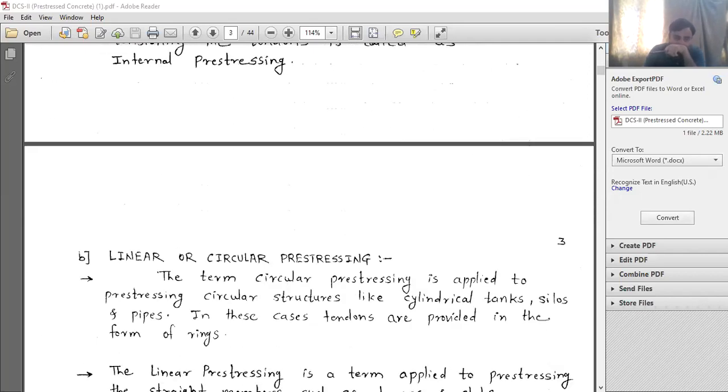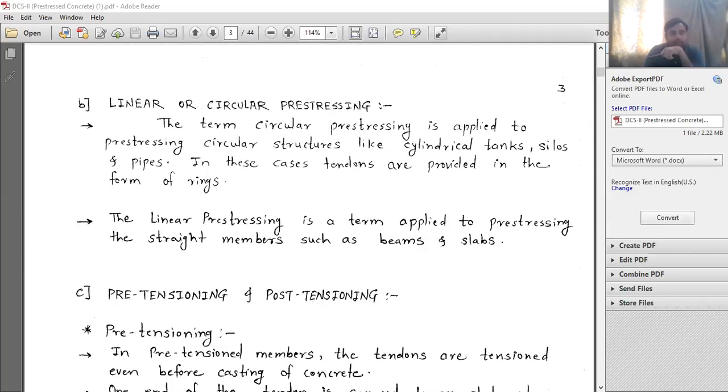So now, the similar terms linear or circular prestressing. What is linear prestressing and what is circular prestressing? The term circular prestressing is applied to prestressed circular structures like cylindrical tanks, silos, and pipes.